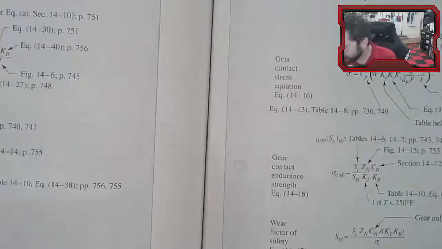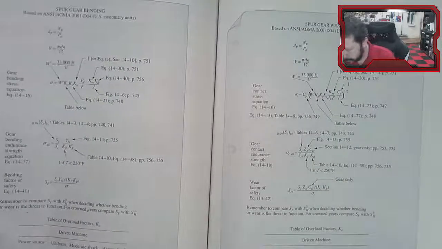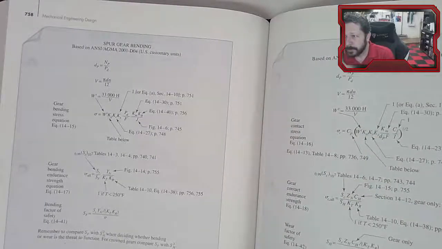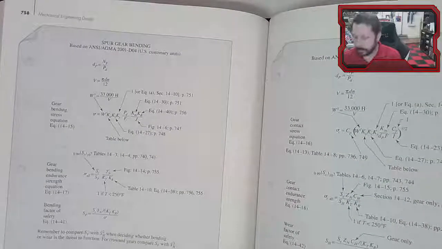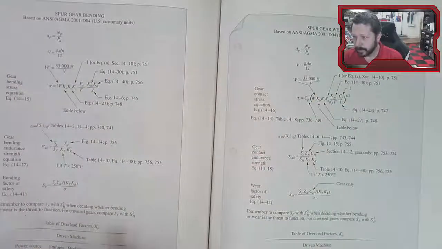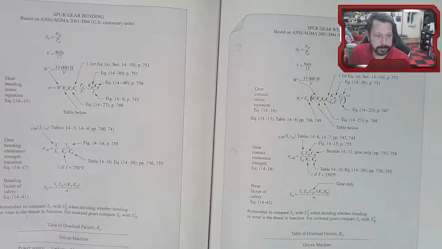These 2 pages, page 758 and 759, they basically walk you through the AGMA bending and the AGMA contact, or they call it gear wear. And they go through, show you where all of the different factors can be found. So pretty handy pages on page 758 and 759.